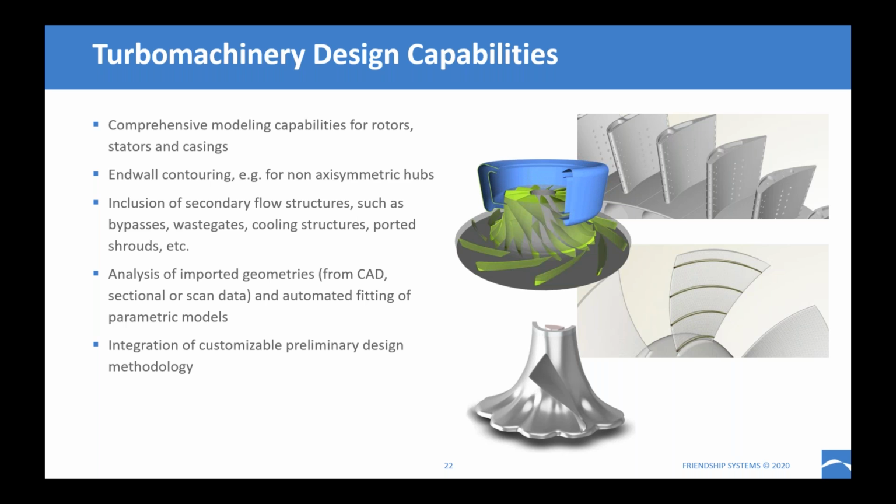You can also include all kinds of other secondary flow structures, such as bypasses or wastegates on a volute casing or turbocharger in general. You can add cooling structures for blades, as we can see in the upper right in the picture, ported shrouds like this compressor in the middle with the animation, and so on. So it's not limited to blades, it's not limited to volutes, but everything that you have in terms of geometry in that region can be included.